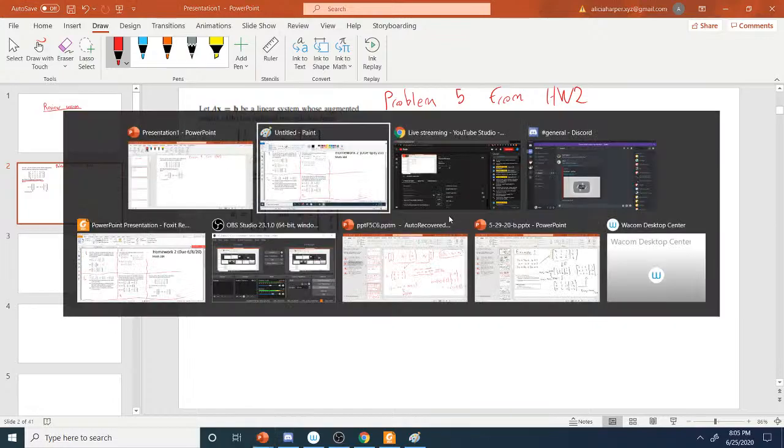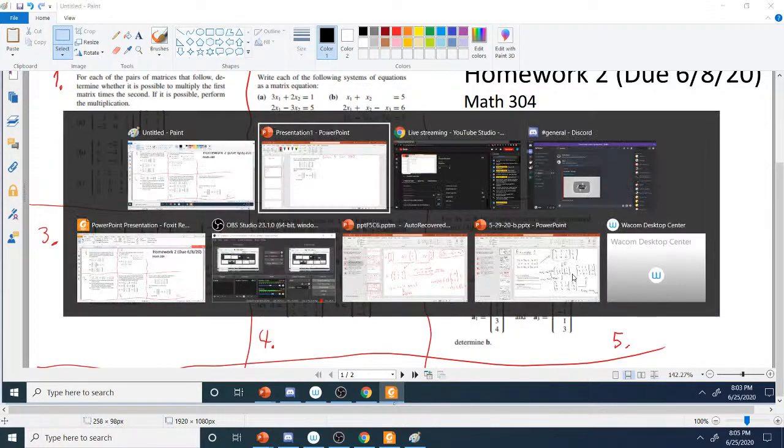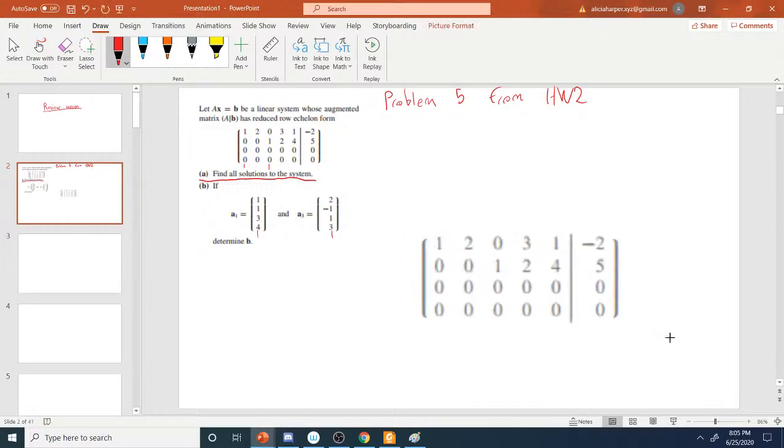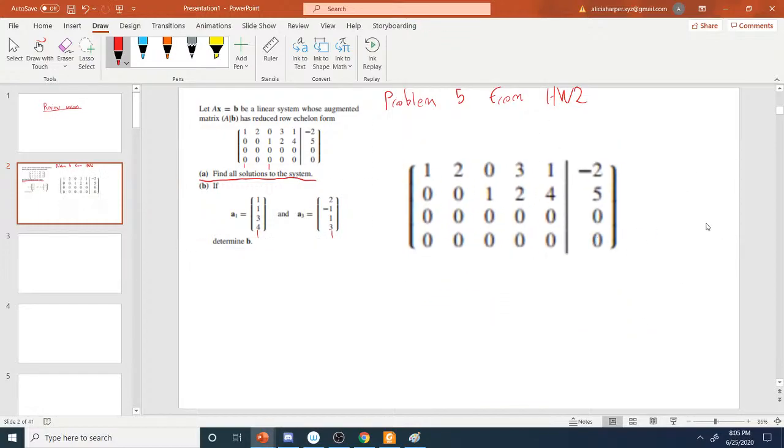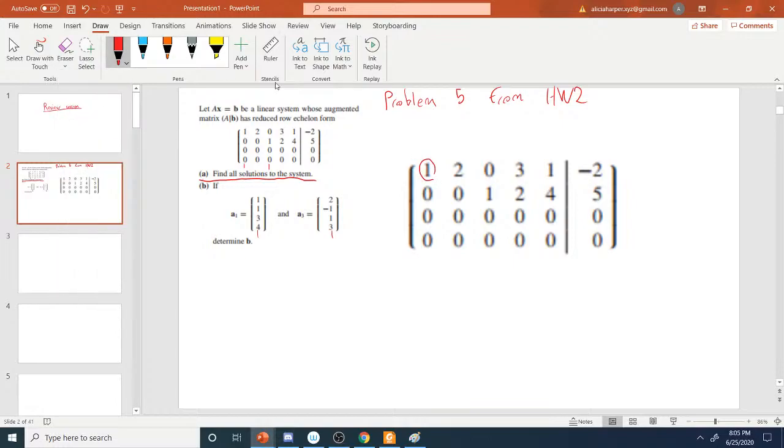So what I'll do here is I will go back, I'll take my matrix, go over here, enlarge it, and let's look at it. So we have a 1 here, and this is the first one that appears in this row. And then we have a 1 here, and this is the first one to appear in a row.